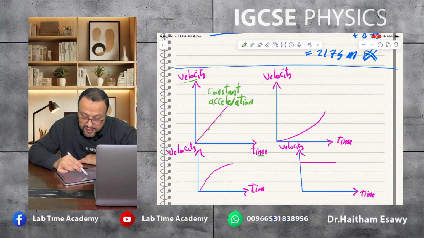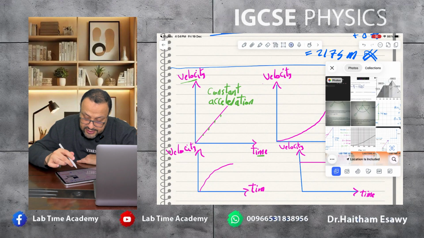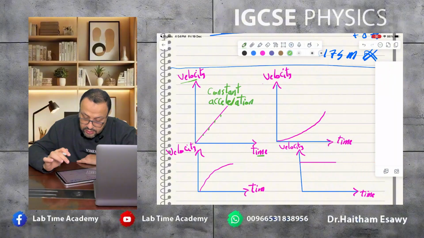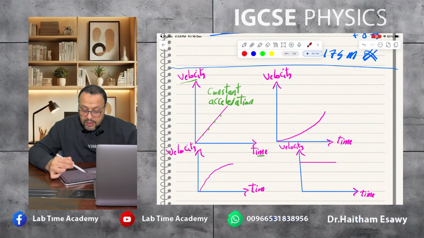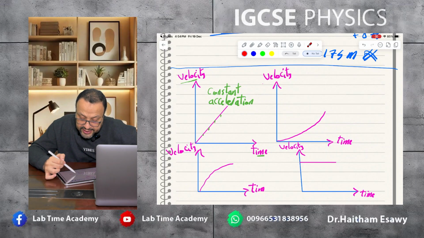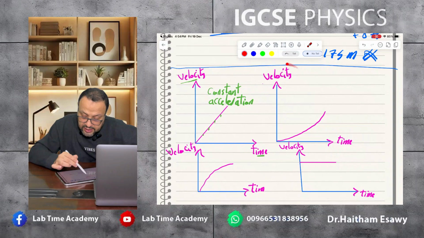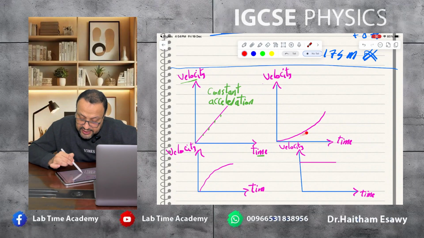The second one, we have a velocity time graph. This is the second graph. We have velocity and we have time and we have an increase in the graph. So this means that we have an increase in the speed.